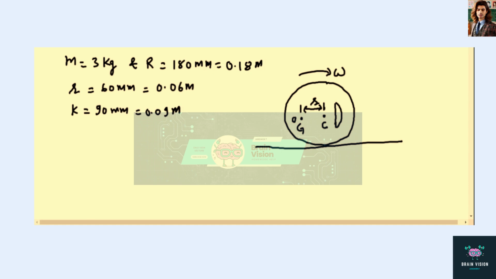As the wheel rolls without sliding, its velocity is observed to vary. At the given position, its angular velocity is 8 radian per second. Call it the initial position 1.